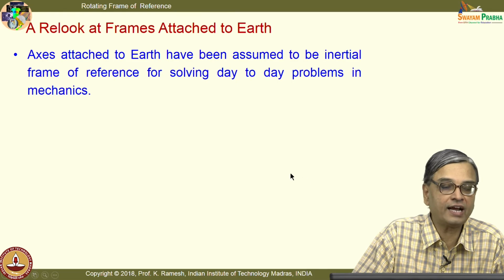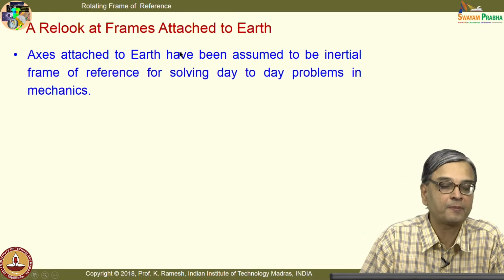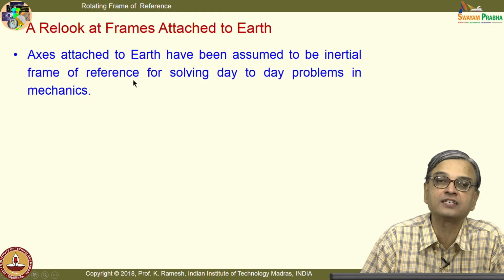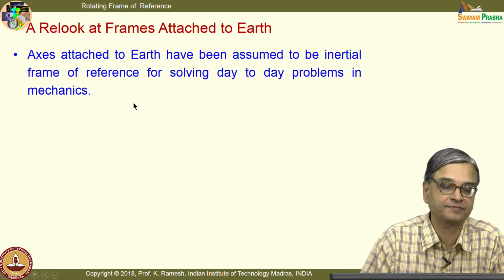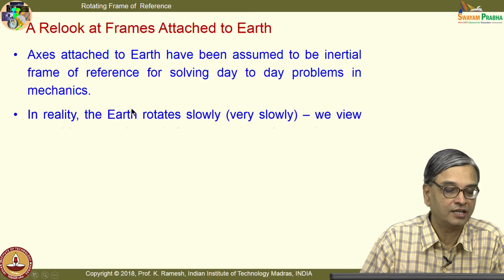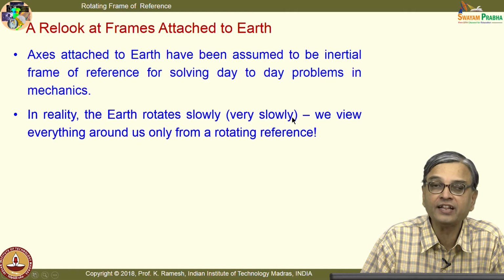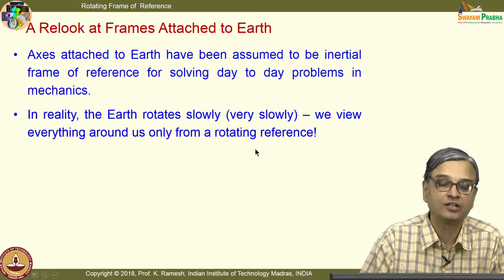And now let us take a fresh look at frames attached to earth. Axes attached to earth have been assumed to be an inertial frame of reference for solving day-to-day problems in mechanics. In reality, the earth rotates slowly, very slowly. That is the reason you do not sense that. We view everything around us only from a rotating reference.